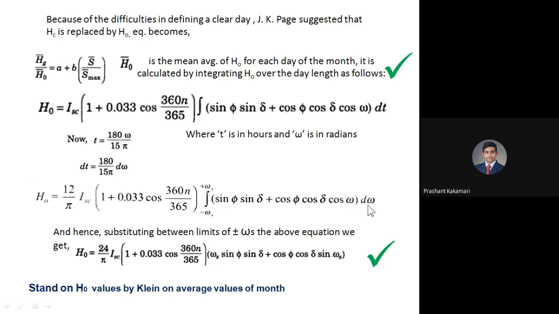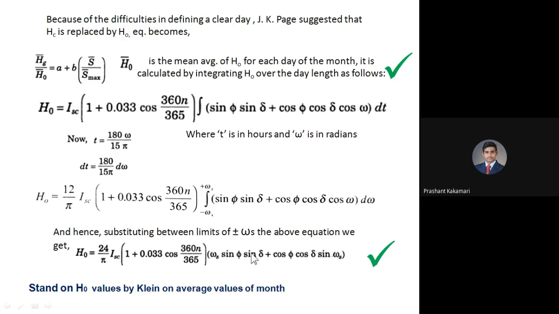Since they have gone for d omega, they have integrated from minus omega to plus omega, or else you can integrate from minus t to plus t dt. As the cos omega value is there, they have taken the integration from minus omega to omega, so 2 times omega in total. Once you integrate this value, what you will get is omega s sin phi sin delta plus cos phi cos delta sin omega s.